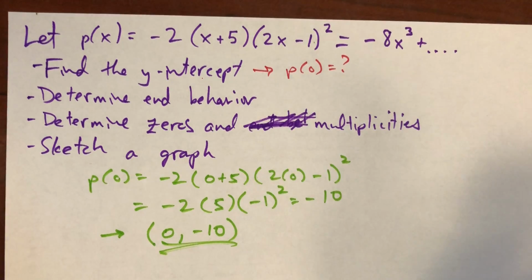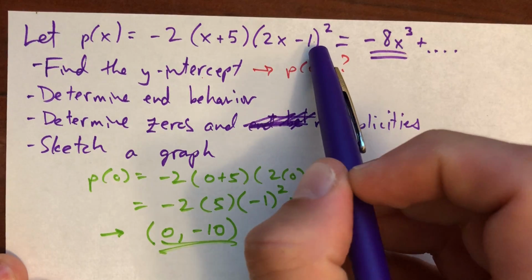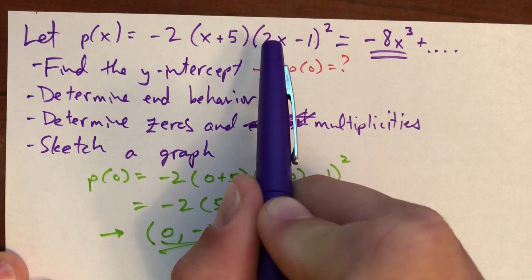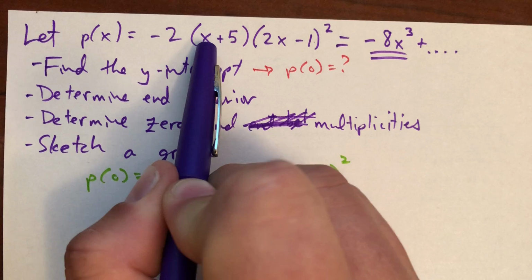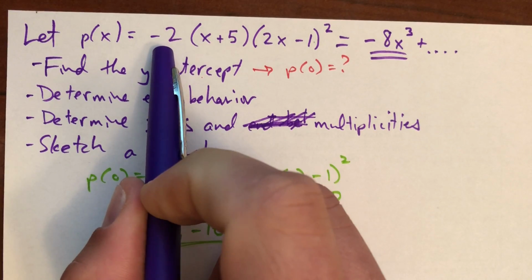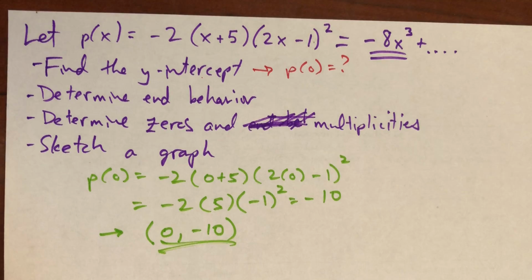The other stuff really doesn't matter. This is the part that matters. So if we multiplied everything out, this is a square, so the largest term is going to be the square of the first term. So 4x squared times x would be 4x cubed, times negative 2 would give us that negative 8x cubed. So there's our leading term, and that's going to tell us what the end behavior does.